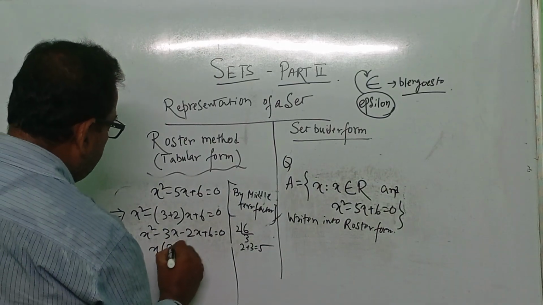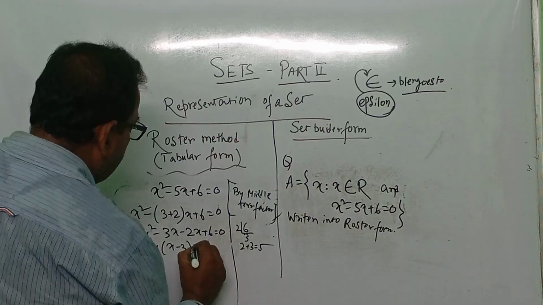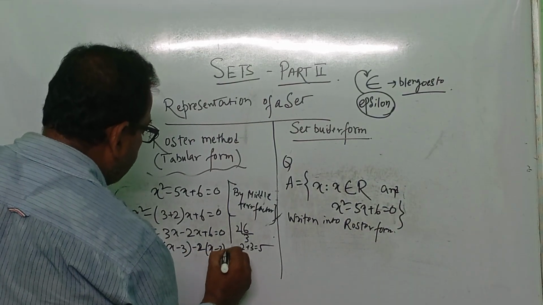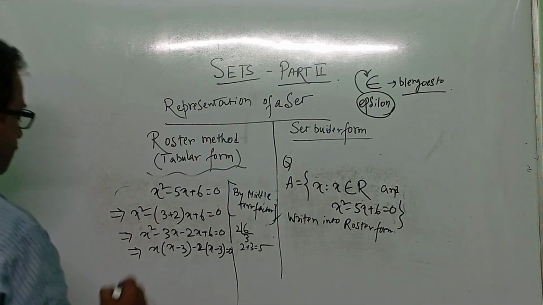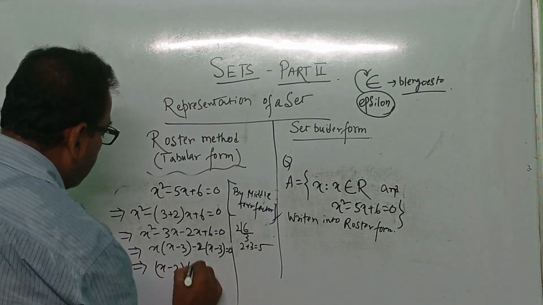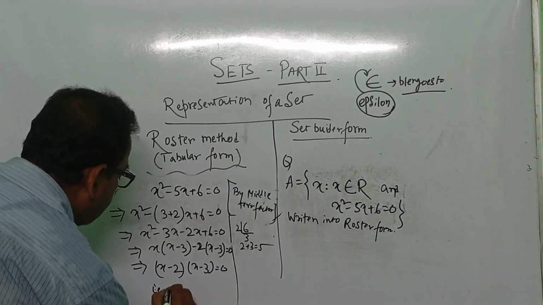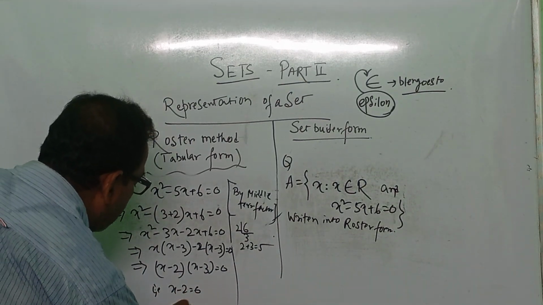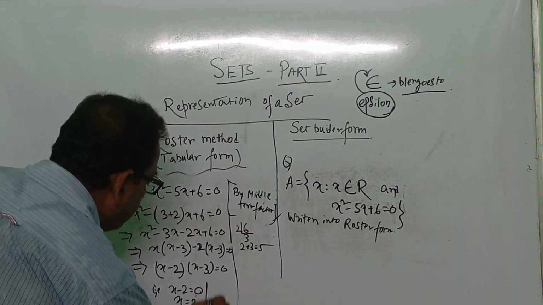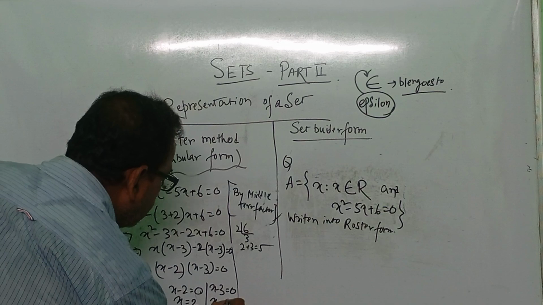Now x minus 3, and x minus 2, so x minus 2 into x minus 3 is equal to 0. That is either x minus 2 is equal to 0, so x is equal to 2, or x minus 3 is equal to 0, so x is equal to 3.